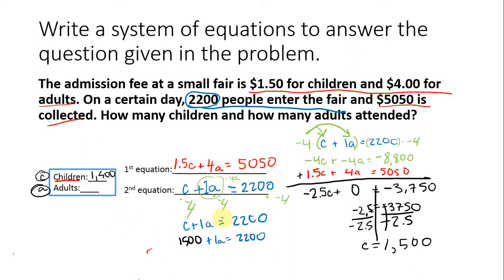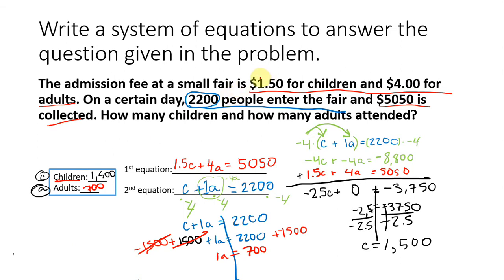And then I will solve for A. I'm going to add negative 1,500 to both sides. Cancel, cancel. 1A equals 700. And that is my final answer.